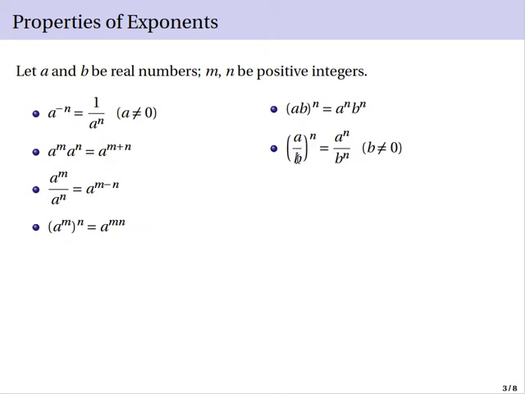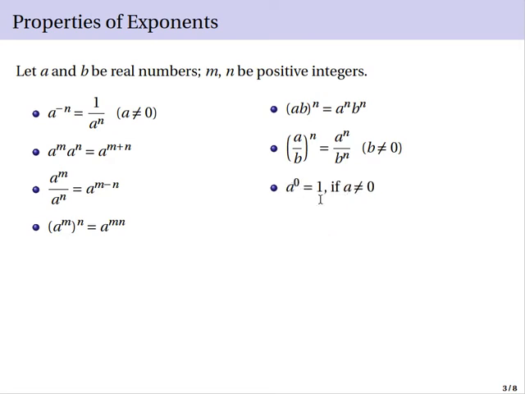So (a over b) raised to the power n is equal to a to the n divided by b to the n. So take note that b should not be equal to 0. Otherwise, the number will be undefined. Okay? Because b is in the denominator.